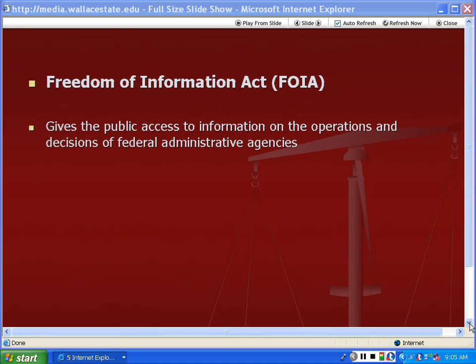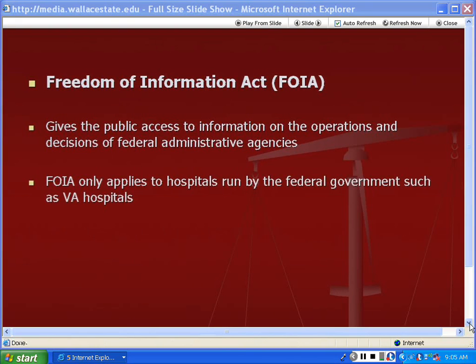Where the Freedom of Information Act gives us as citizens access to information that's kept on the operations and the decisions of the federal government or federal administrative agencies. Now, the only way that the Freedom of Information Act would apply to anybody in health information or anybody who protects health information is if you work in a federal government hospital such as a VA hospital.